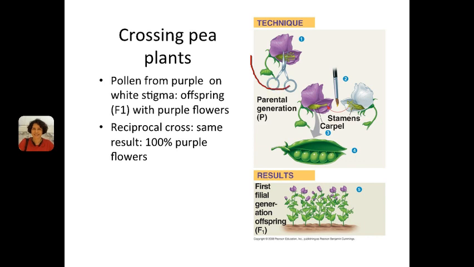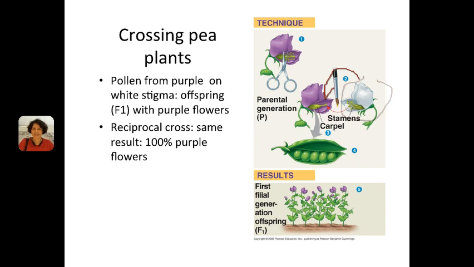So the purple flowered plant is going to become just female. And then he takes a little brush, and with the brush he takes pollen from a white flowered plant, from this one, and he transfers the pollen from the white flowered plant to the purple flowered plant. And remember, the purple flowered plant doesn't have its own pollen anymore.